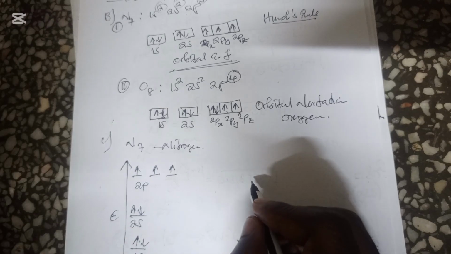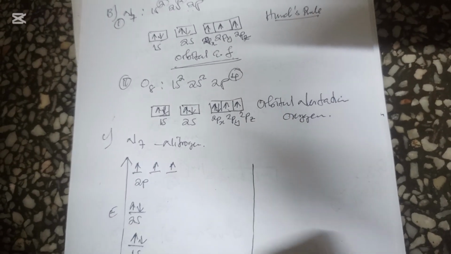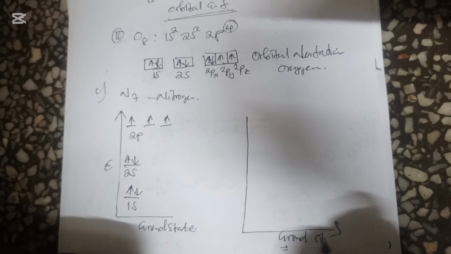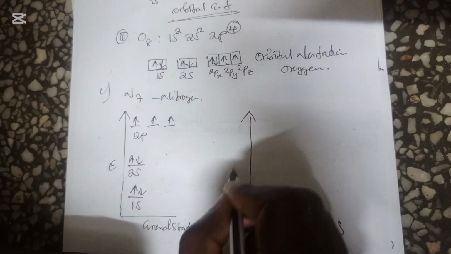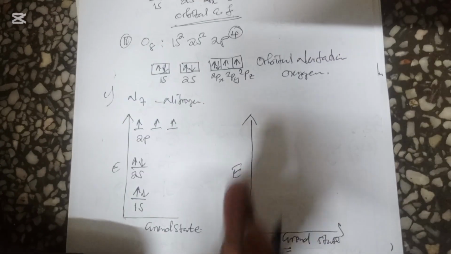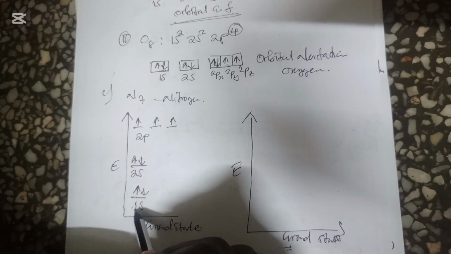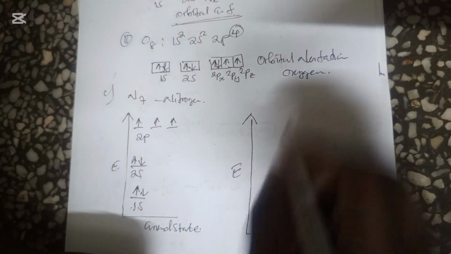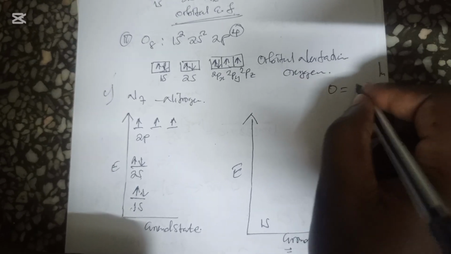Then oxygen also, you do the same. This is the ground state. This is the energy, meaning as you're moving from 1s orbital to 2s orbital, there's an increase in energy. So 1s, remember oxygen is 8.